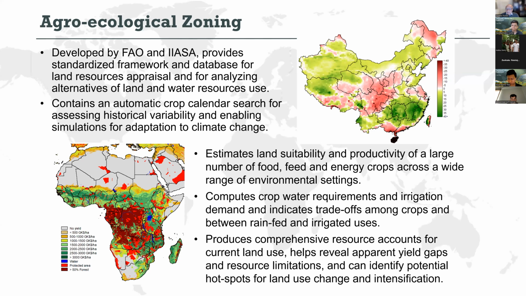Last but not least, it produces comprehensive resource accounts for current land use. It helps reveal apparent yield gaps and resource limitations, and it can identify potential hotspots for land use change and intensification. And today and in the coming days, you will hear about many of these issues in more detail.